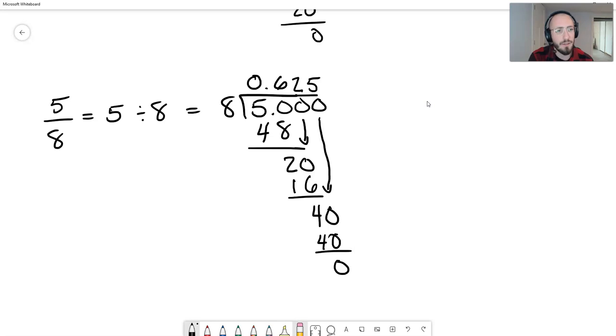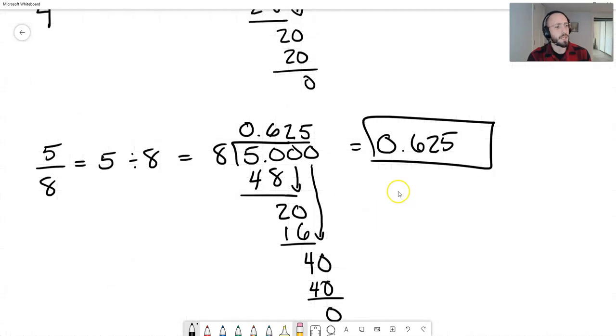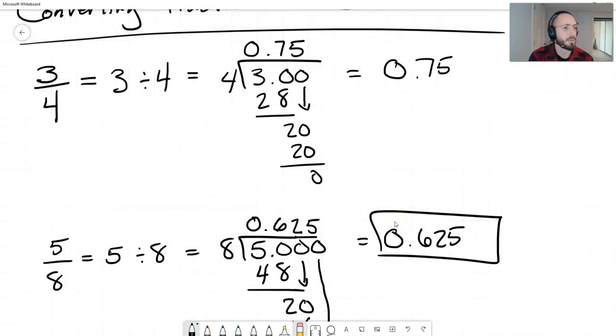So 5/8 is equal to the decimal 0.625. That's what's called a terminating decimal, because we end with a remainder of 0 and our decimal point ends. It terminates.